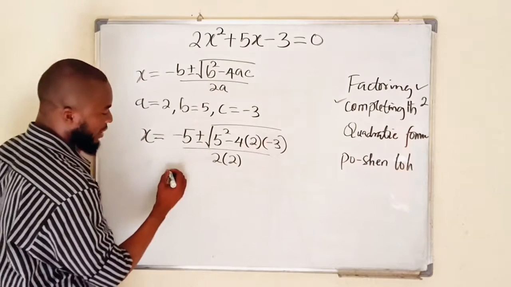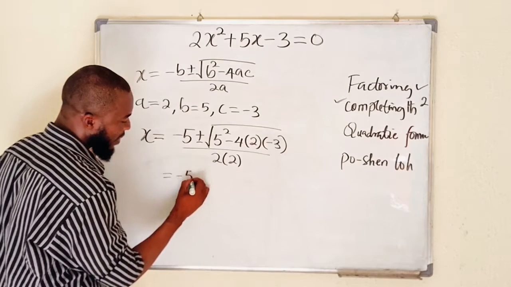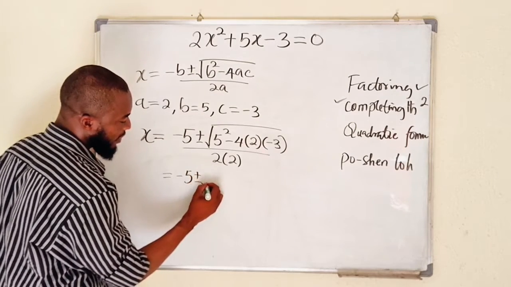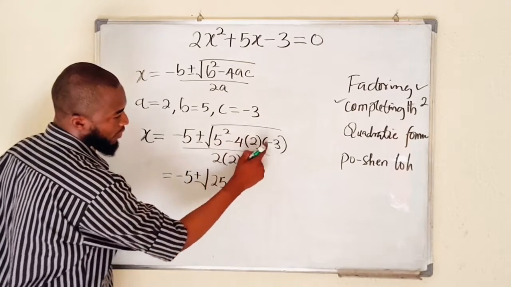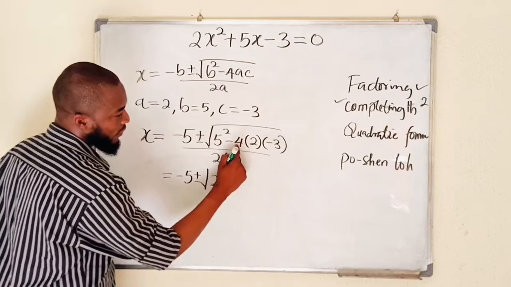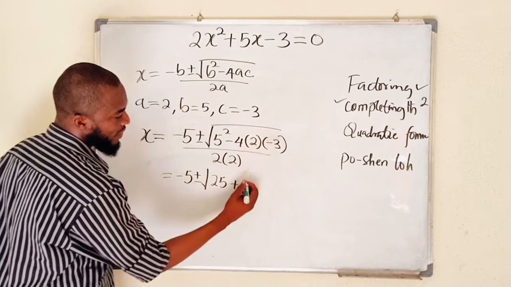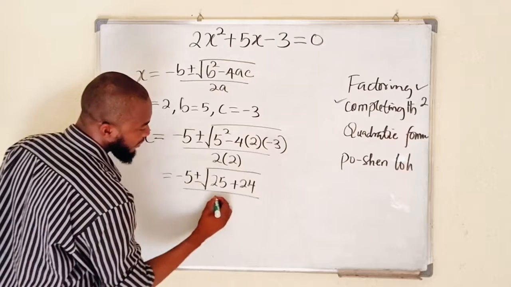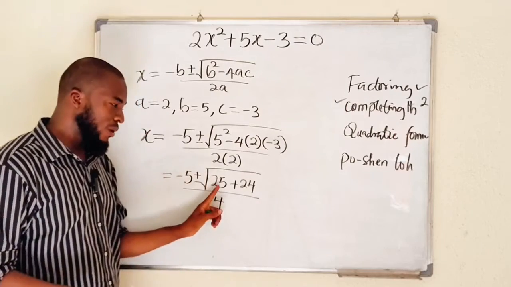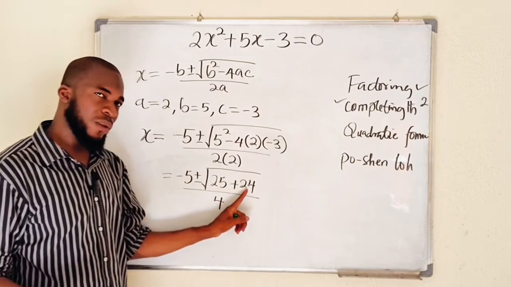Let's simplify. This is minus 5 plus or minus square root of 5 squared is 25. Minus minus is plus. 4 times 2, 8. 8 times 3 is 24. Divide by 2 times 2 is 4. 25 plus 24 is 49.